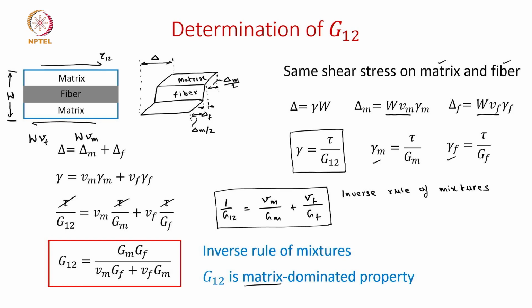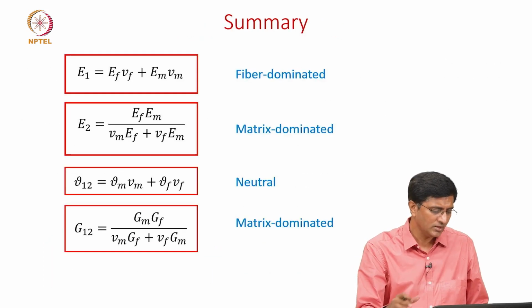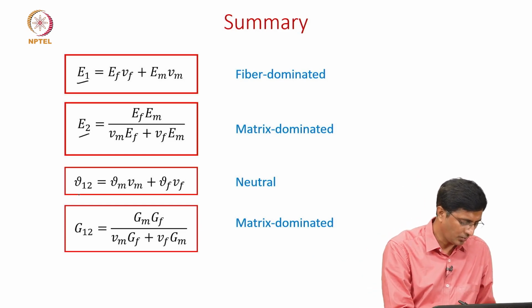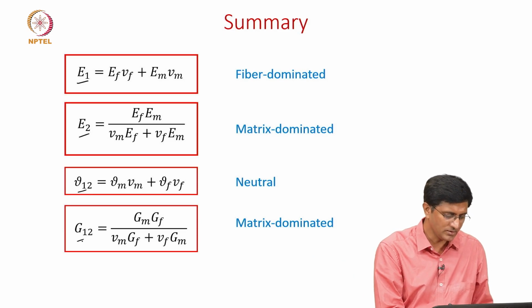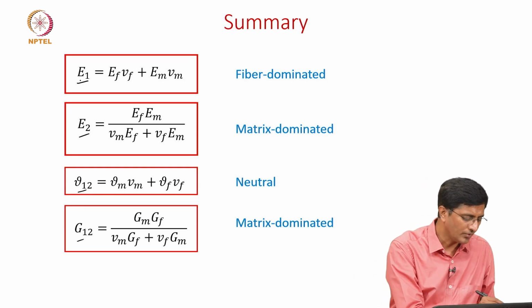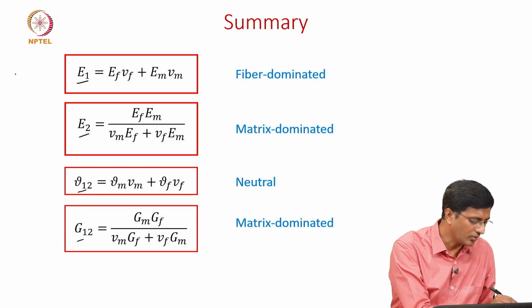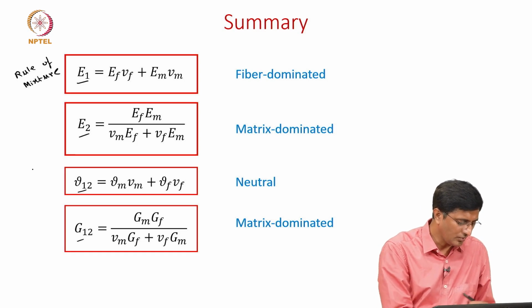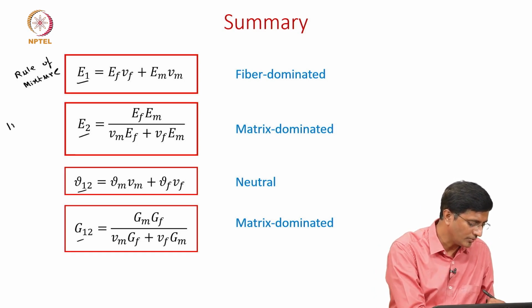In summary, what we have seen in this video is we looked at predicting E1, E2, Poisson ratio, and the shear modulus. First, for E1, we said it followed the rule of mixtures. But for E2 and G12, it followed the inverse rule of mixtures.